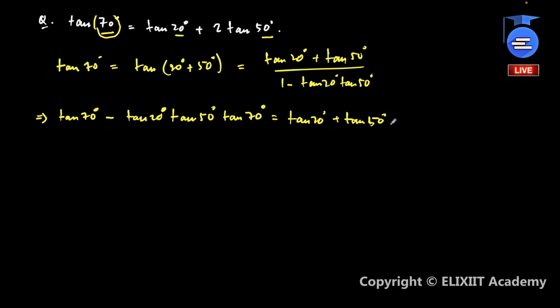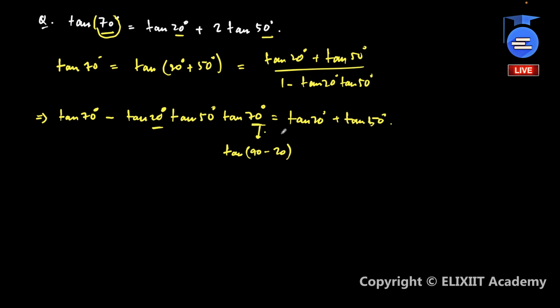Next, what do we do? To bring this expression, tan 70 is tan 20 plus 2 times tan 50, here one thing you can observe, the sum relations between the angles, so that we can get some cancellations. Can you observe 20 degrees and 70 degrees are complementary of each other? 70 is complementary to 20 actually, isn't it? We can write this 70 as tan 90 minus 20.